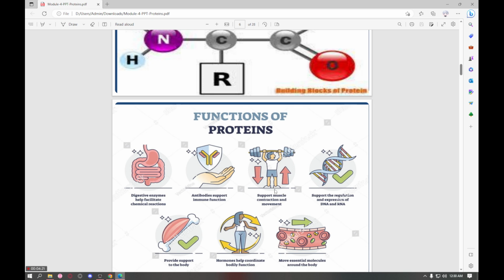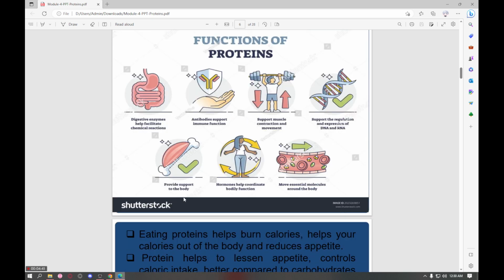When we are doing exercises, through the protein, because your protein is converted into muscle, it is the one that supports muscle contraction. It also supports the regulation and expression of your DNA and your RNA, and provides support for the body, such as the muscles.